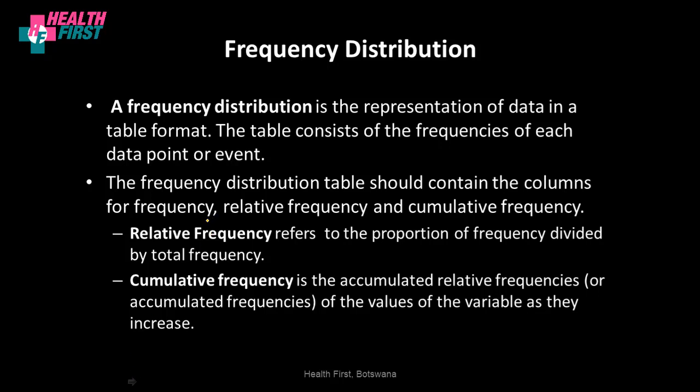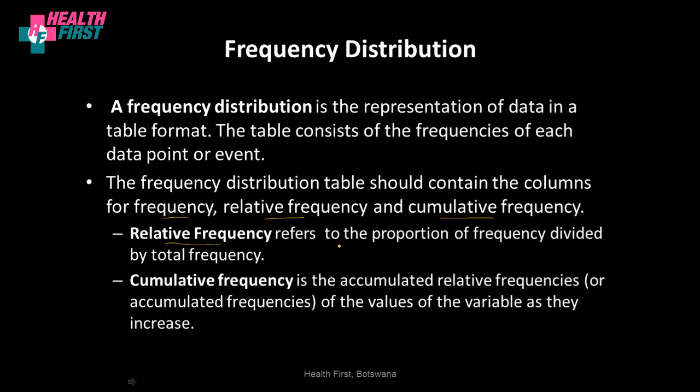So that is frequency. From frequency, we can get a frequency distribution. A frequency distribution is the representation of data in a table format. It would usually have, at minimum, the frequency, the relative frequency, and what is known as the cumulative frequency. The relative frequency refers to the frequency divided by the total.